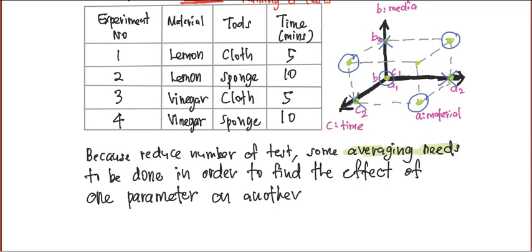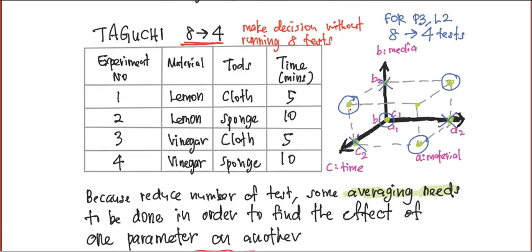But you need to also follow this, because reducing number of the tests, we need to do some averaging to understand the effect of one parameter on another. We will do this also for our experiments, but generally you can see from factorial design to Taguchi design, we just have reduced 50%.